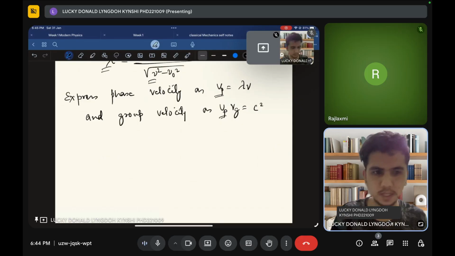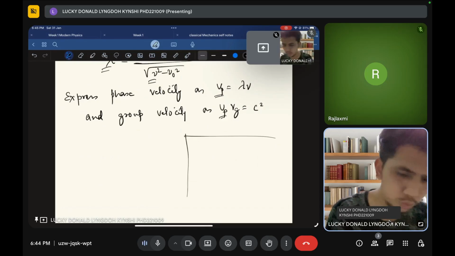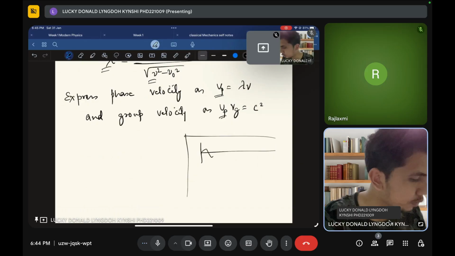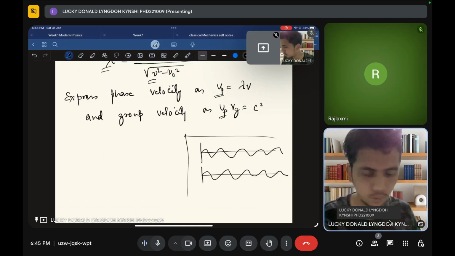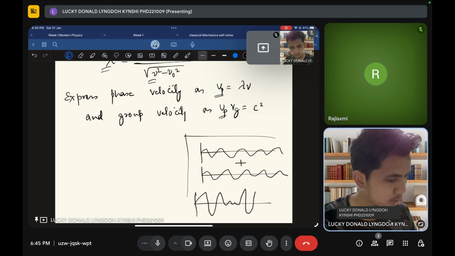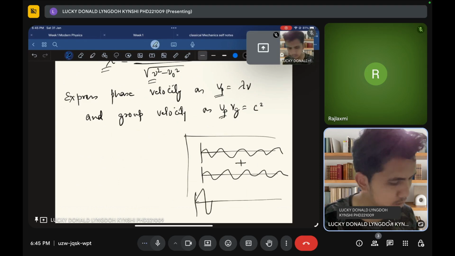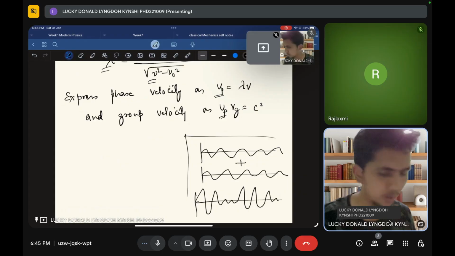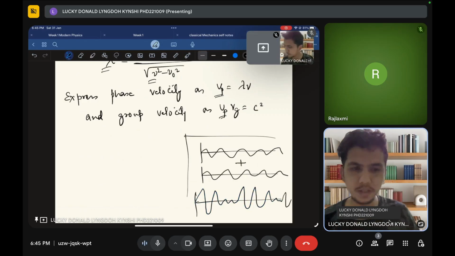I can just draw on the side quickly. Suppose you have one wave traveling this way and another wave also traveling this way. When you add one wave and the other, the resultant wave will be something like this. I'm just giving you an example.